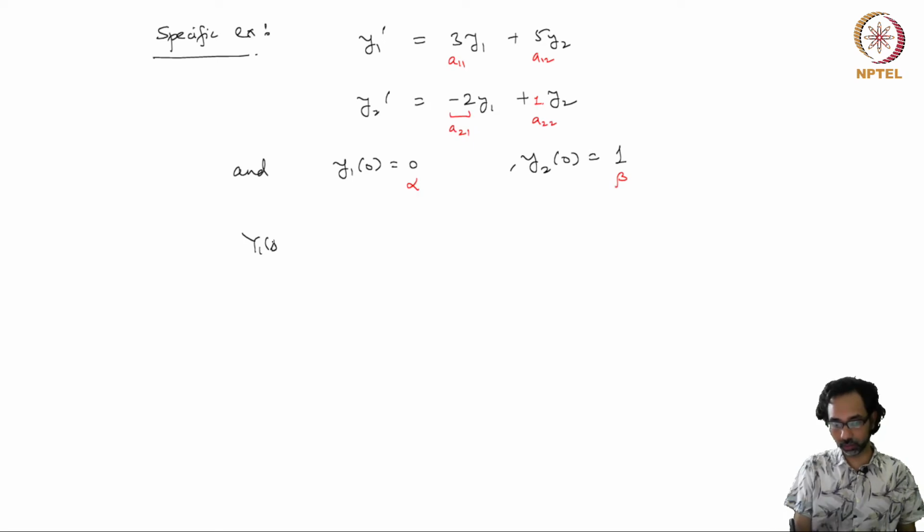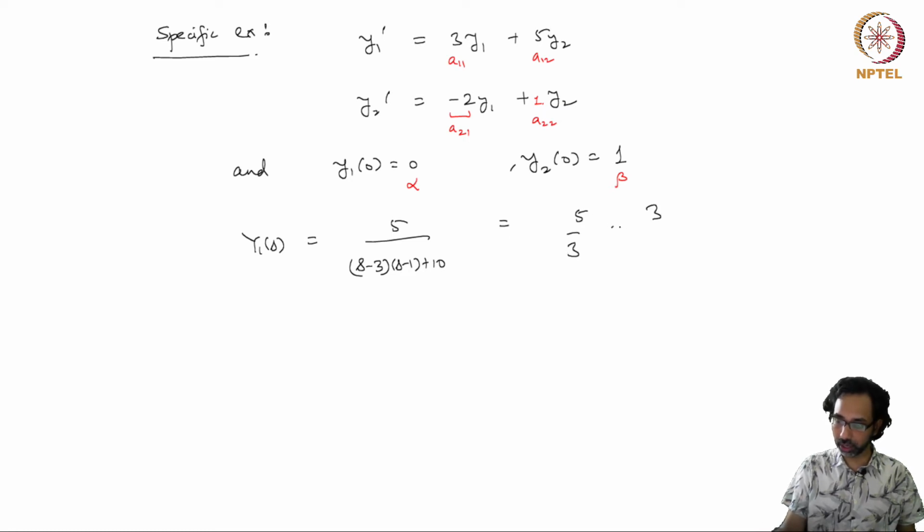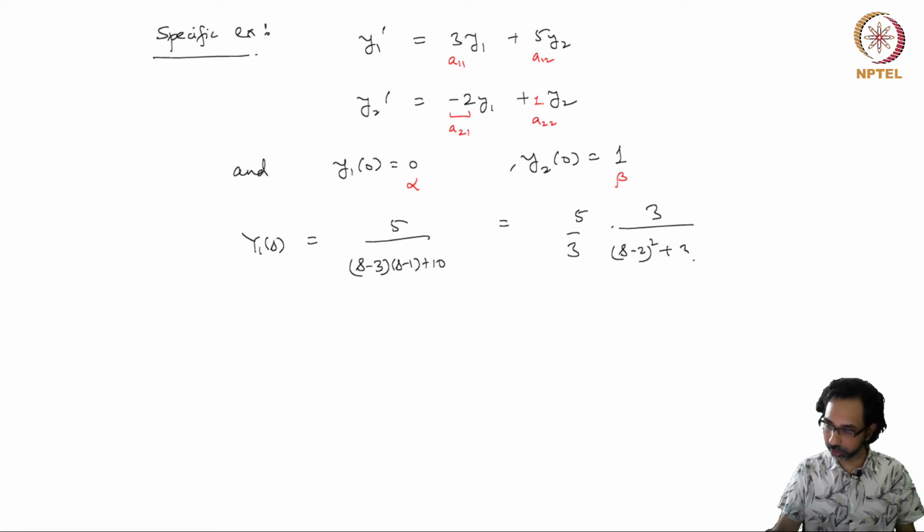So one gets Y1(s) is equal to 5 over (s minus 3) times (s minus 1) plus 10, which can be rewritten as 5 by 3 times 3 over (s minus 2) whole square plus 3 square.